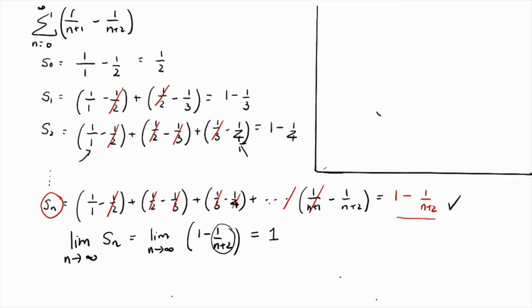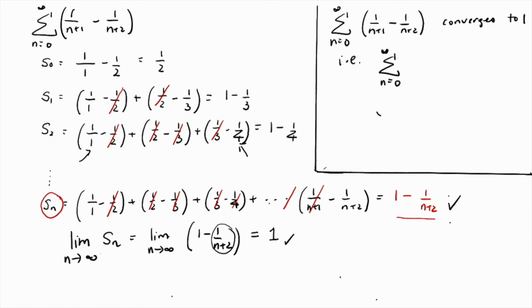So what you are saying here is that since the limit of Sn is equal to 1, it means that sigma n from 0 to infinity of 1 over n plus 1 take away 1 over n plus 2 converges, and it converges to 1. So going back to the original problem, sigma n going from 0 to infinity of 1 over n plus 1 times n plus 2 converges, and the sum is equal to 1.